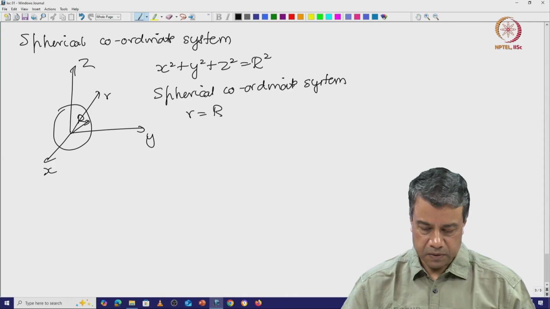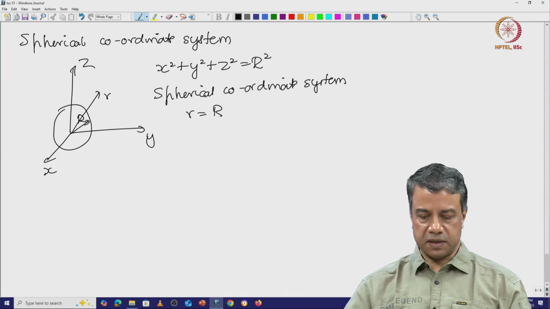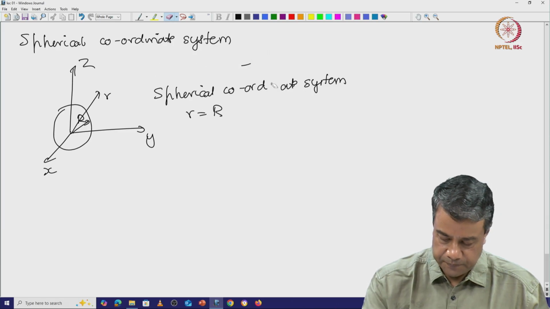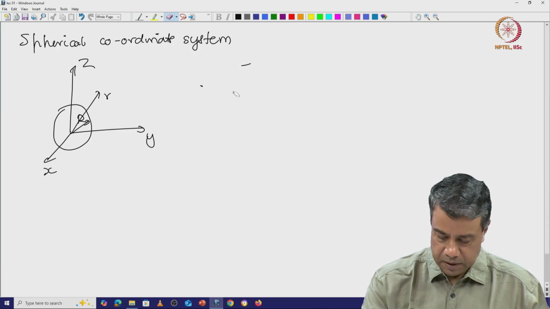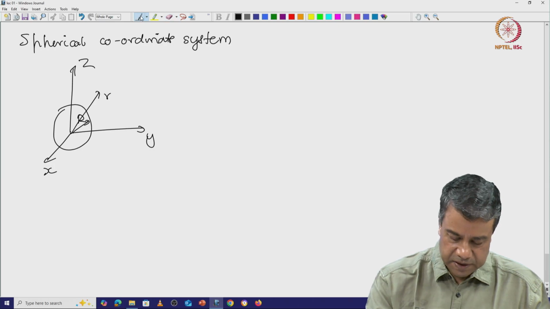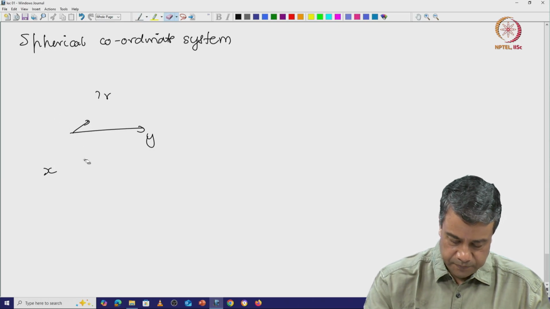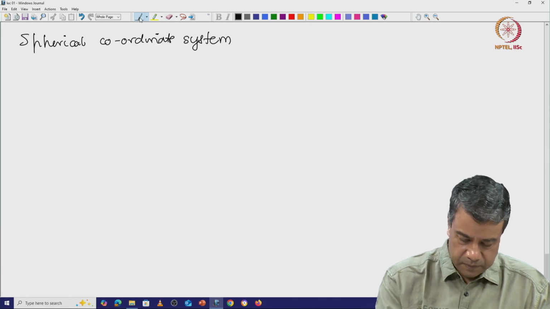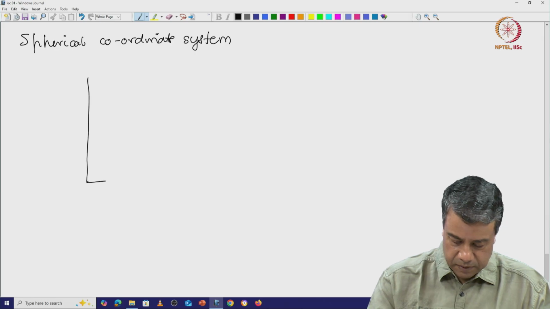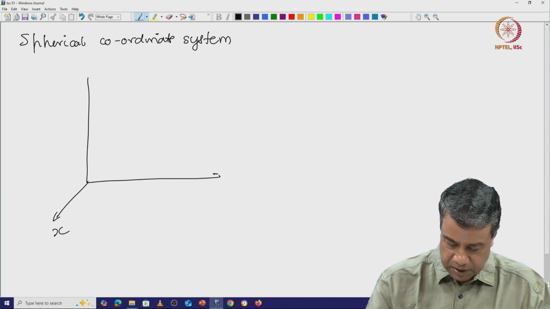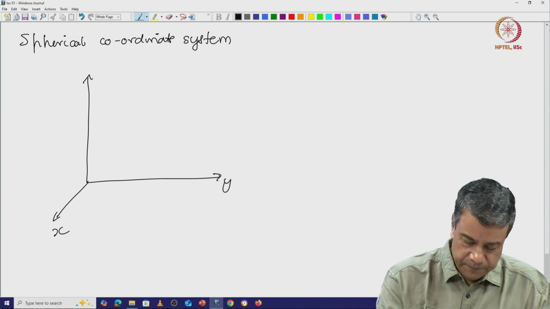So, I will go through the spherical coordinate system in some detail in order to make the physical interpretation clear. So, I will draw it a little bigger for you. In a spherical coordinate system, this is the Cartesian coordinate x, y and z.